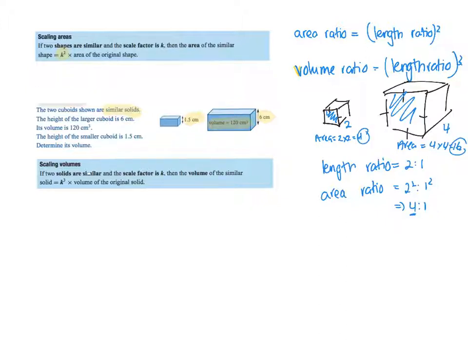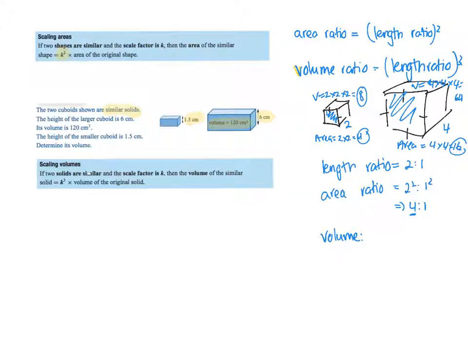So then if we looked at the volume of these two cuboids, the volume of this would be 2 times 2 times 2, which is equal to 8. The volume of the big one would be 4 times 4, which is 16, times 4, which is 64, yeah?